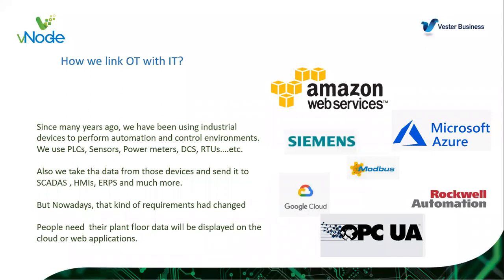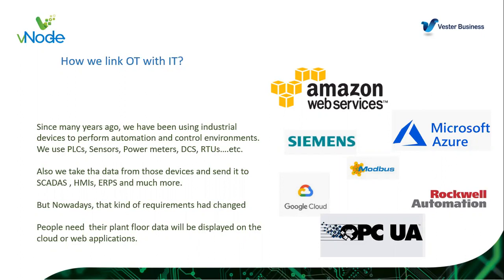Or you can even send data over any kind of file, such as CSV or XML or any other kind of files, okay? But this webinar is about the MQTT protocol, about how to link your PLC's data to AWS over MQTT.